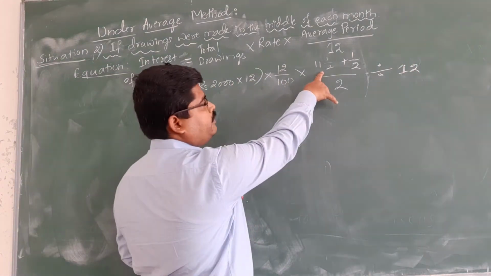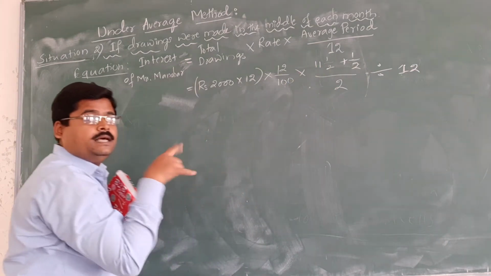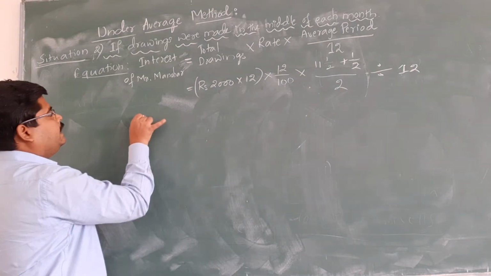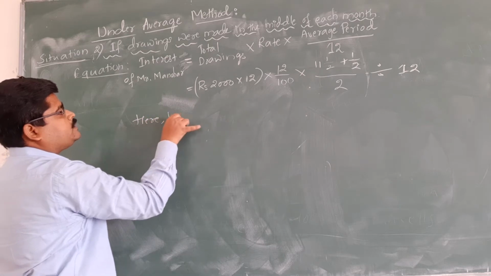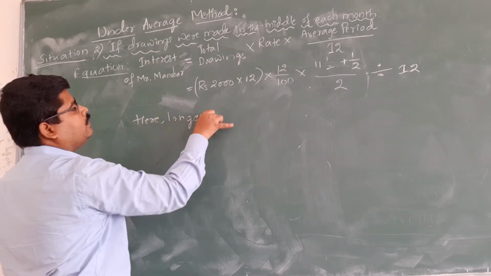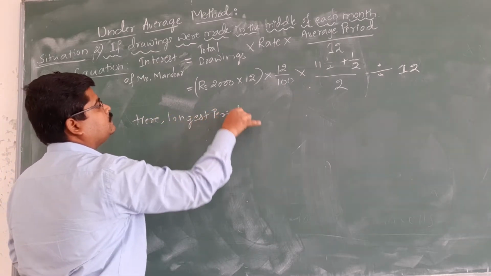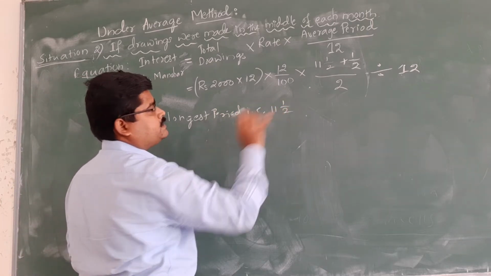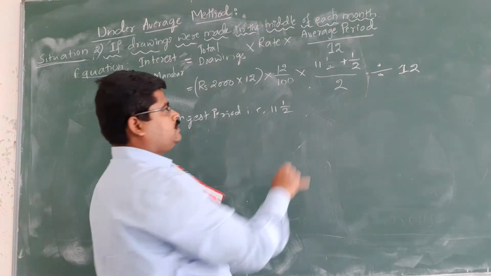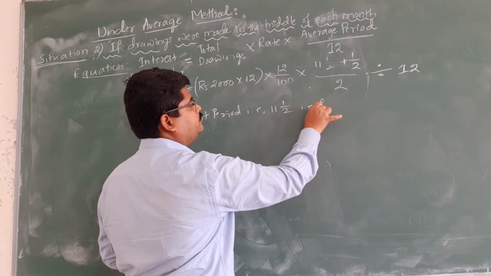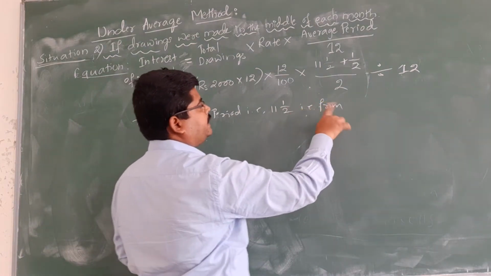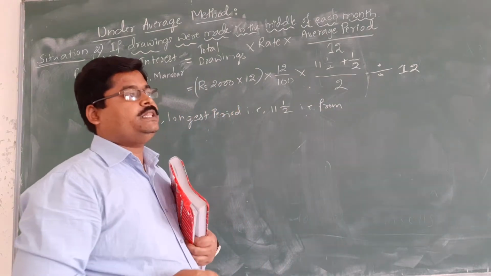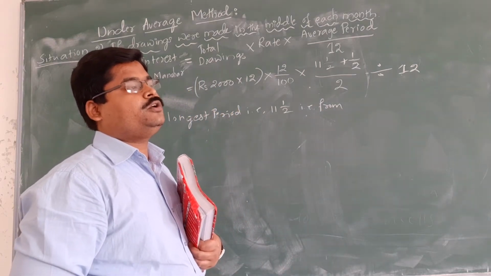So here I have written the longest period as 11 and a half months. Why? Because from which month has he started making the drawings?